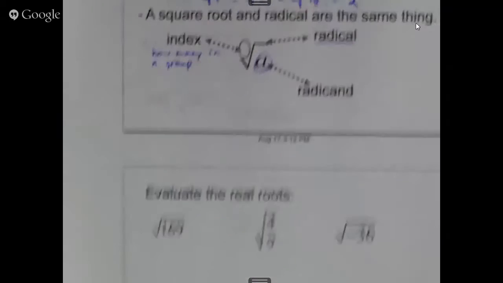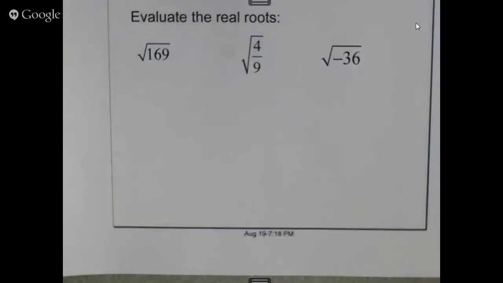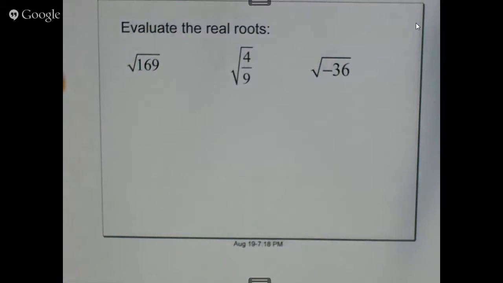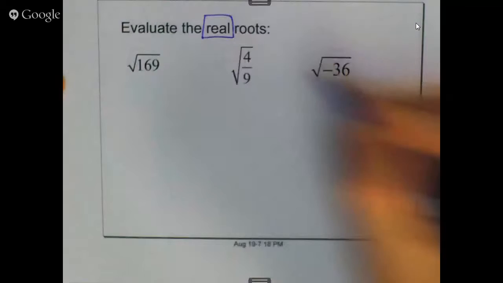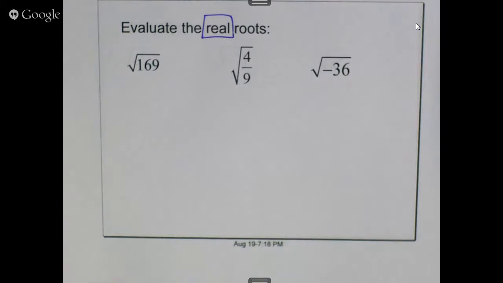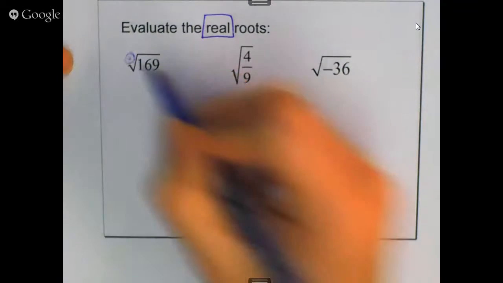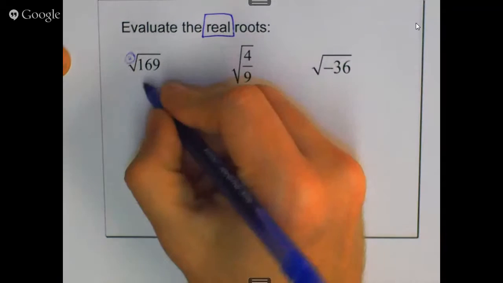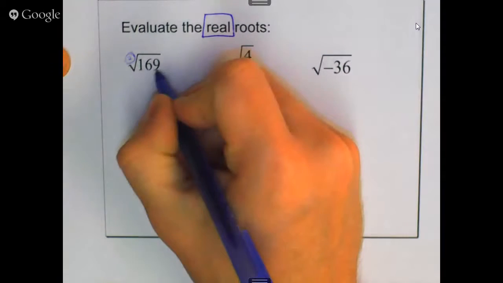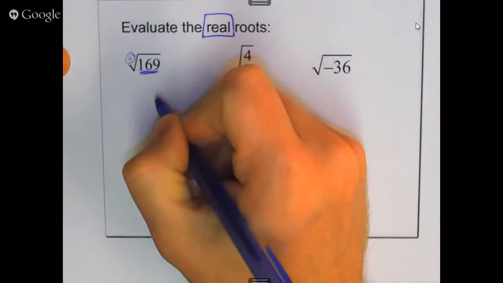So then we want to evaluate the real roots. Okay. Keyword being real. So if I look here, I've got an index of 2, meaning I need a group of 2. So what number times itself will give you 169?